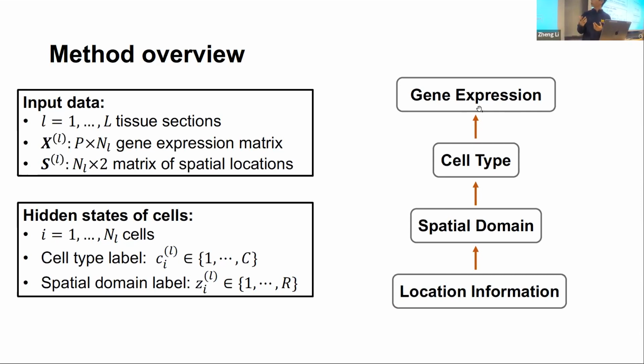Depending on the expression of that gene, we can infer the cell type. In the expression profile of the cell, we can infer its cell type. And then once we know the distribution of the cell types, we can infer the spatial domains. And finally, we have the location information here to encourage smoothness and incorporate neighborhood similarity across the spatial locations.